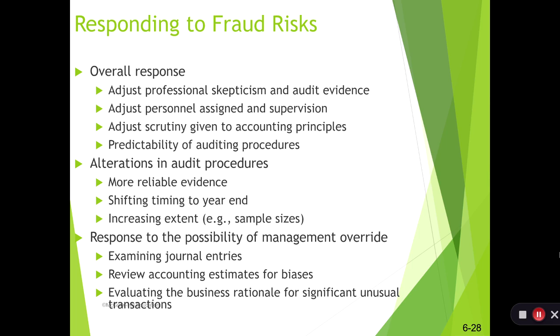If they have depreciation and they've changed the number of years to depreciate an asset to be longer, then you're going to review that and say, okay, is that really true, or is that just bias? They're trying to make the denominator bigger, which makes the depreciation every year smaller. And then you're going to be reviewing significant unusual transactions as well.